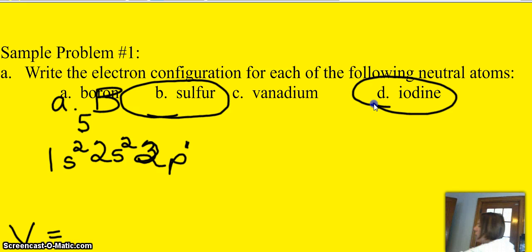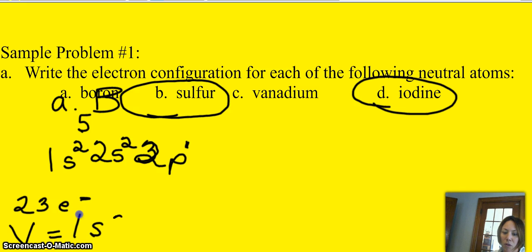So vanadium, if we look it up in the periodic table, I think its atomic number is 25, but I just want to be sure. 23. Good. Okay, so vanadium has 23 electrons. I'm just going to write that down to keep track. So I go my filling order. Remember, 1s2, 2s2, 2p6 is 10.